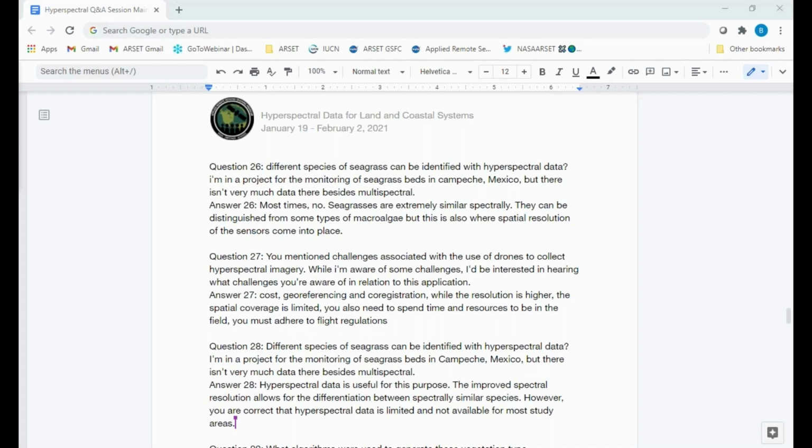But when you're considering hyperspectral data with satellite or airborne images, this is also where spatial resolution comes into play, because if they're just sparsely located in your area, most likely the pixel is going to be a mixed pixel with both components at the same time, and then you have to do spectral mixing and unmixing analysis to try to separate the different components.